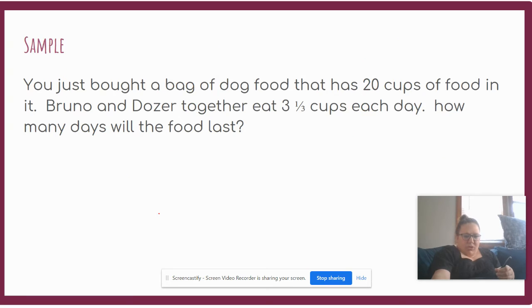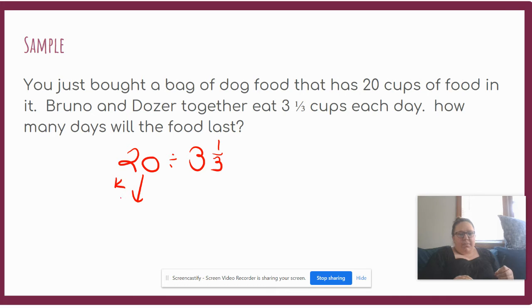All right, let's get into some stories. You bought a dog food that has 20 cups in it. Bruno and Dozer together eat 3 1/3 cups each day. How many days will the food last? So we need to divide that 20 cups into groups of 3 1/3. 20 is our keep because that's what we have in front of us. That's what we're dividing. 3 1/3, 3 times 3 is 9, plus 1 is 10/3.